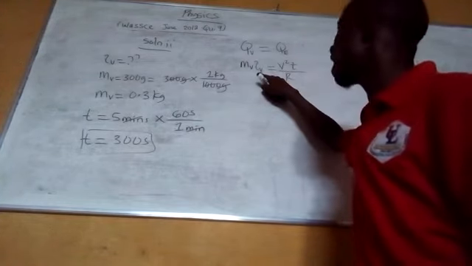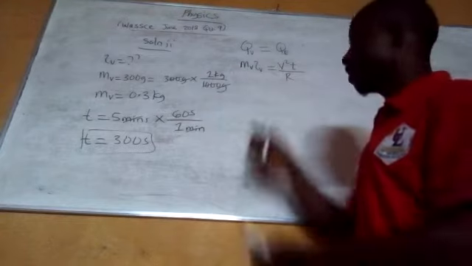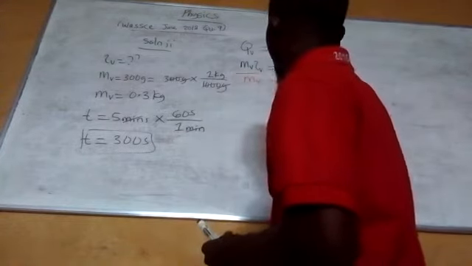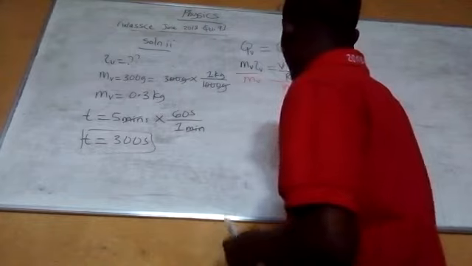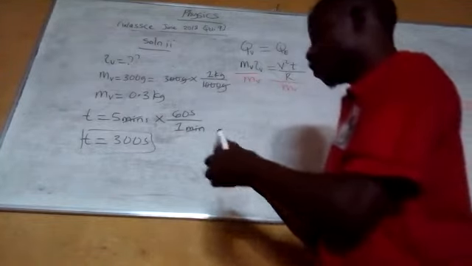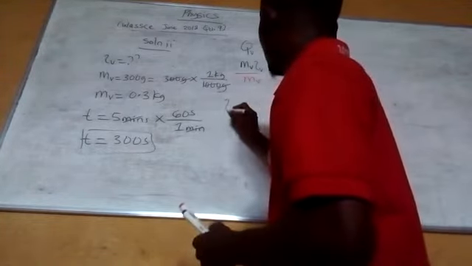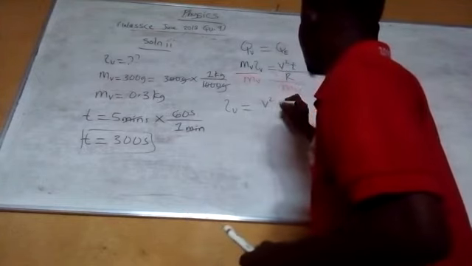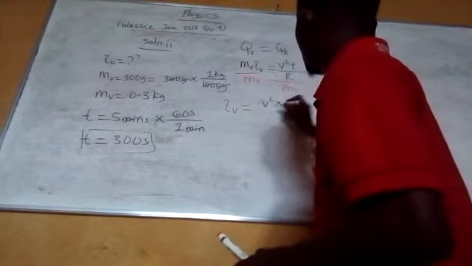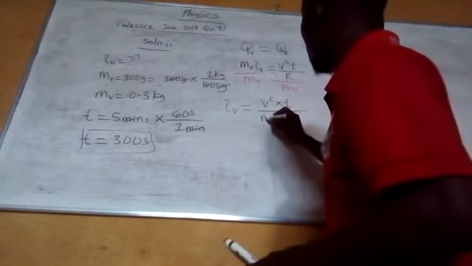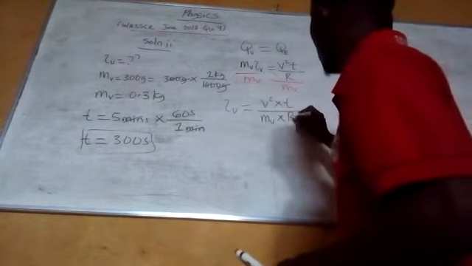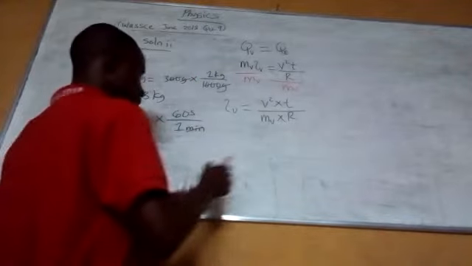So divide both sides by MV. We'll have LV equal to V squared times T all over MV times R. So this is what we have.